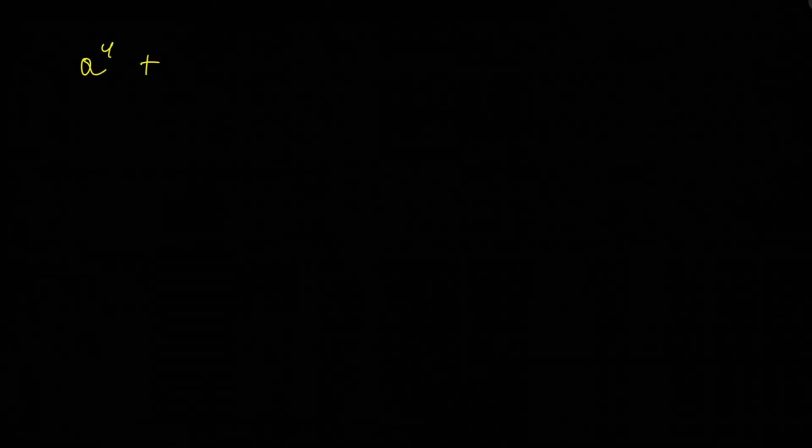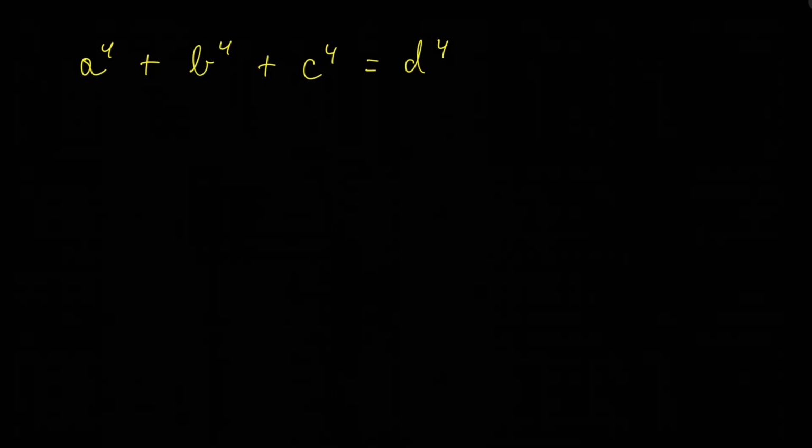Let's see a famous example where quantifiers help express a deep mathematical idea. The mathematician Euler once conjectured that the equation a to the fourth plus b to the fourth plus c to the fourth equals d to the fourth has no solution in positive integers. This means that there are no positive integers a, b, c, and d that satisfy this equation.